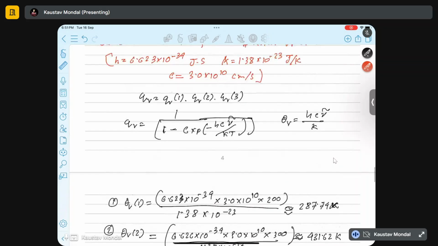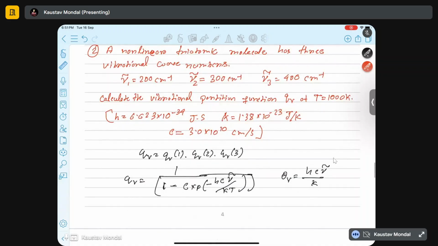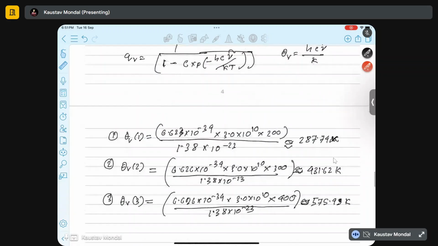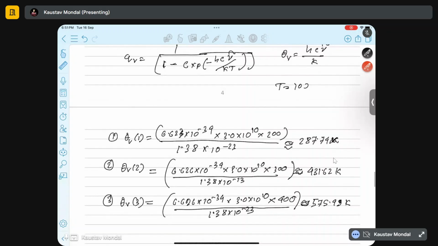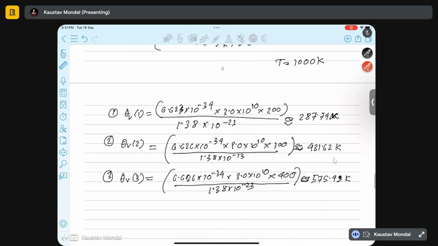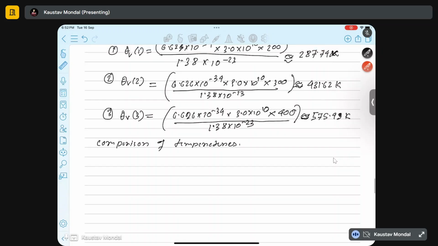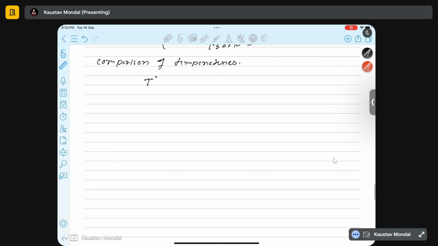If you compare it now, the experimental temperature is 1000 Kelvin, so T is 1000 Kelvin here. As you can see from the comparison of temperatures, for all three cases the temperature is greater than theta V1, also greater than theta V2, and also greater than theta V3.